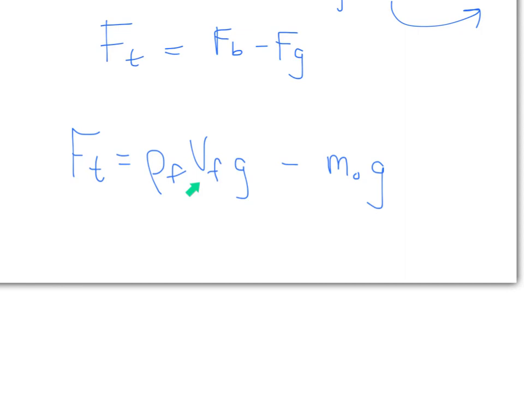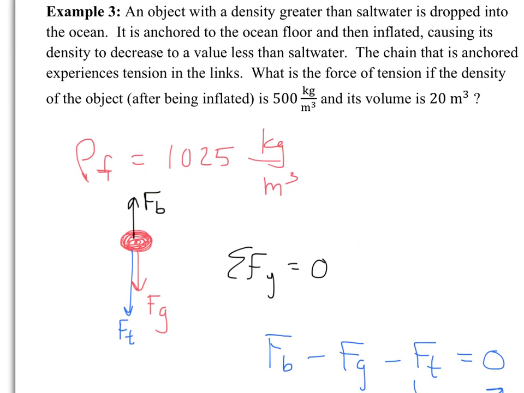The density is known. At the very end though, what do we see? Look at the end of the problem. So we have in this case, density of the object, volume of the object. Well, use your intuition. The volume of the object, if it's fully submerged, equals the volume of the fluid displaced. Archimedes' principle.